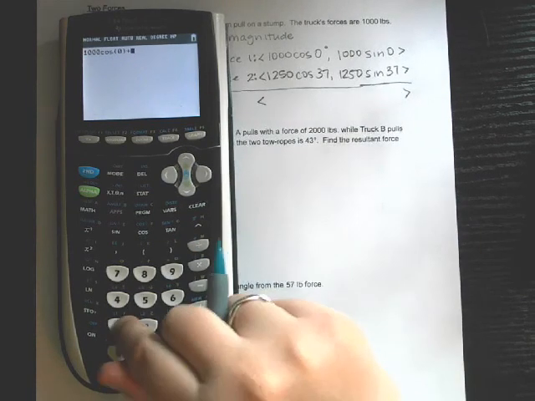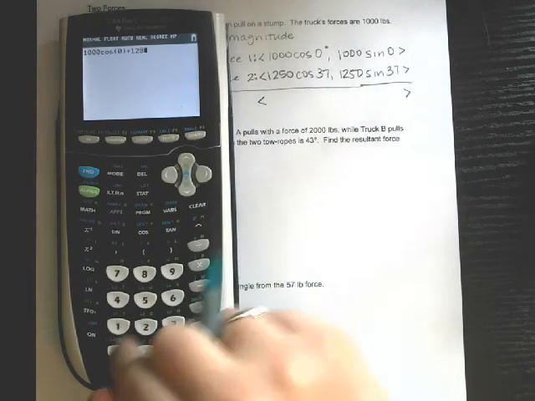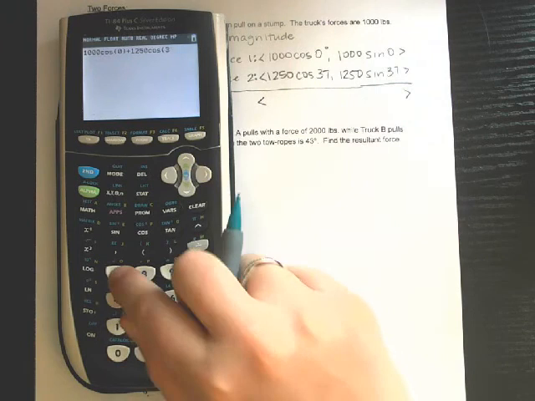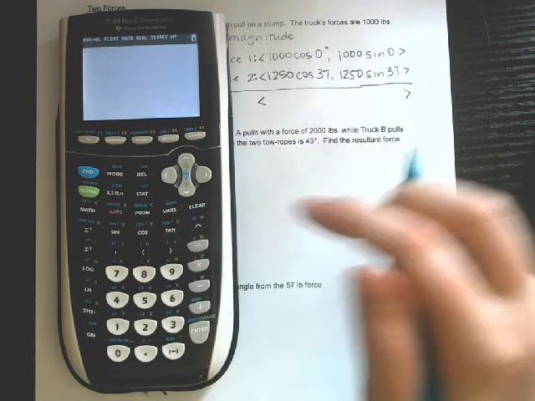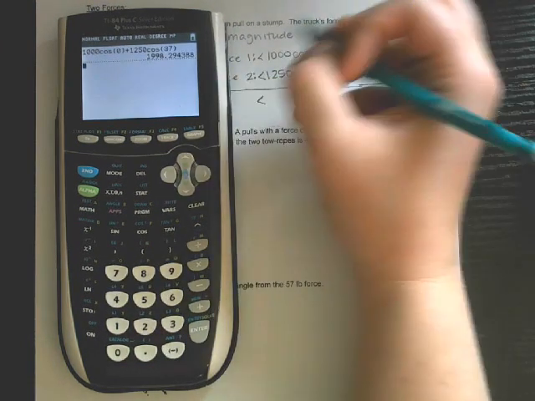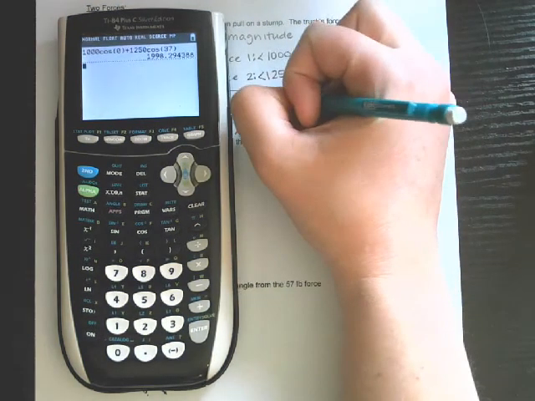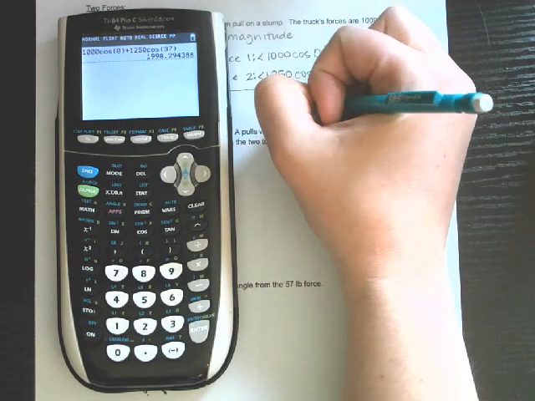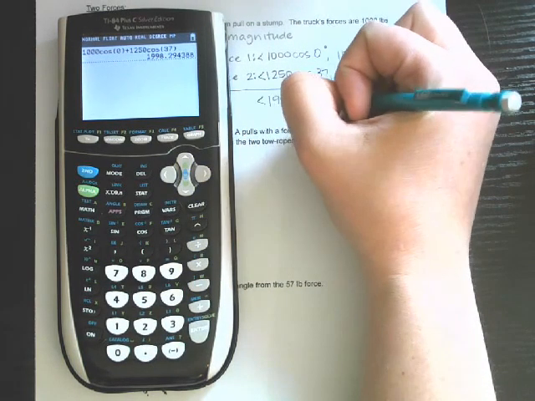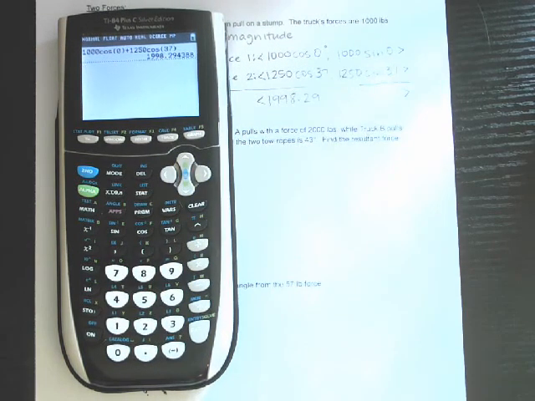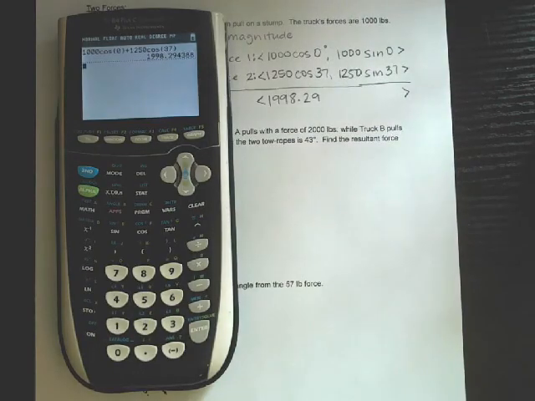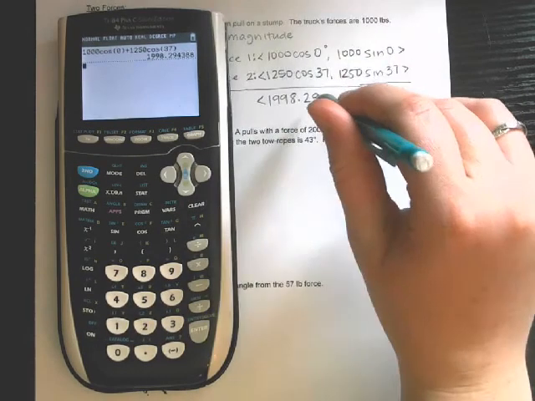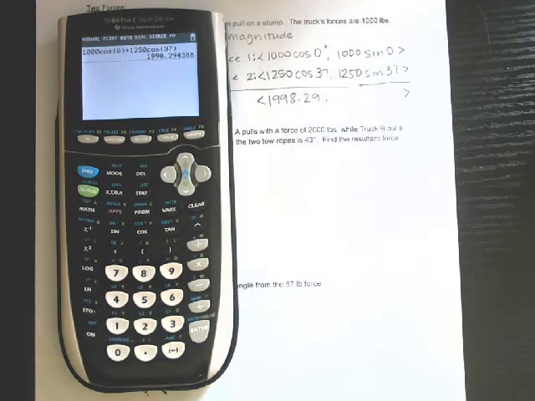So the first one I'm going to add up is 1,000 cosine 0. And I'm going to add to that 1,250 cosine 37 to get a horizontal component of 1,998.29.